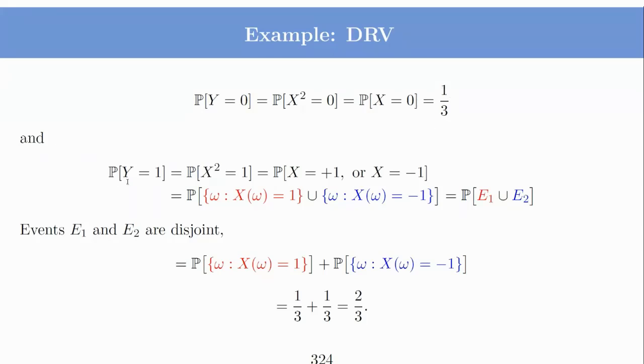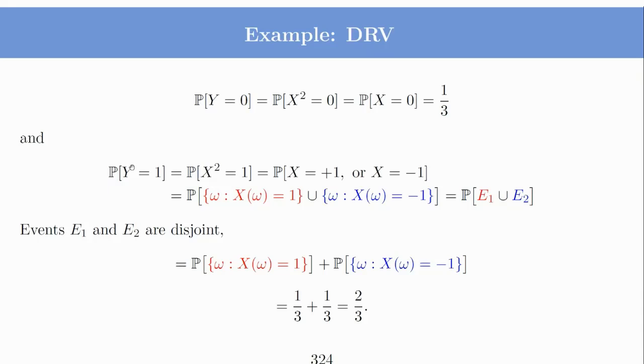Similarly, the probability of all omega such that y omega is 1 is the same as the probability of all omega such that x square omega is 1. Now we know that x square omega can be 1 when x omega is 1 or x omega is minus 1. Both will give x square omega equal to 1.